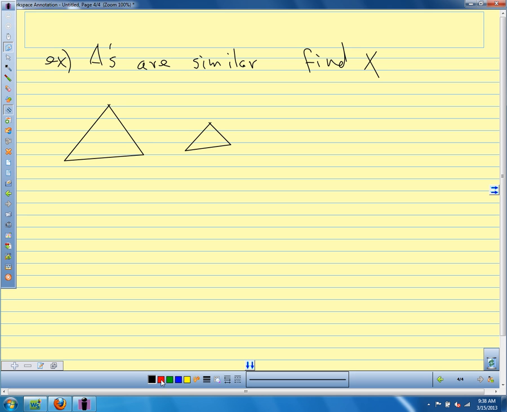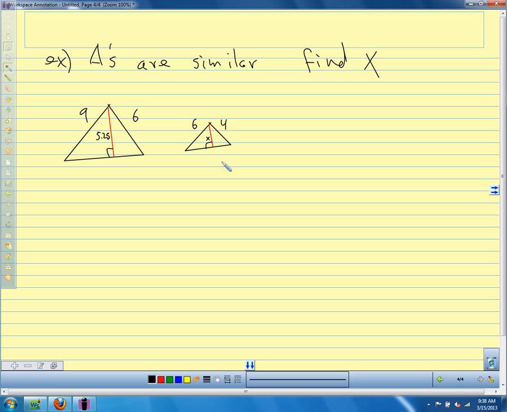And we're going to draw in the altitudes. And this is a 90-degree angle. And we have 9 and 6. And this is 6 and 4. And this is 5.25. And this is x. So we want to find x.